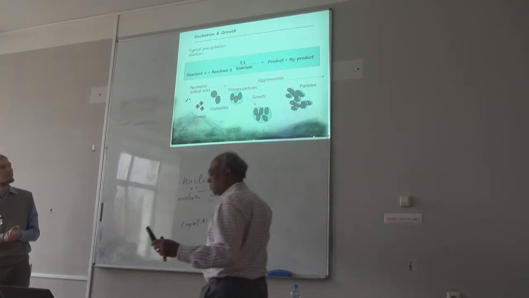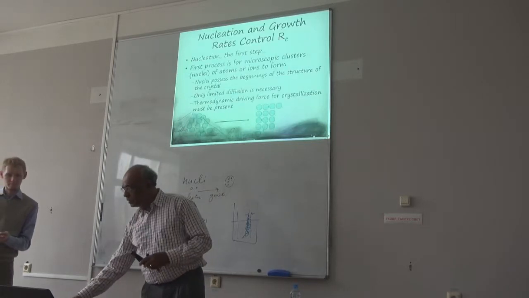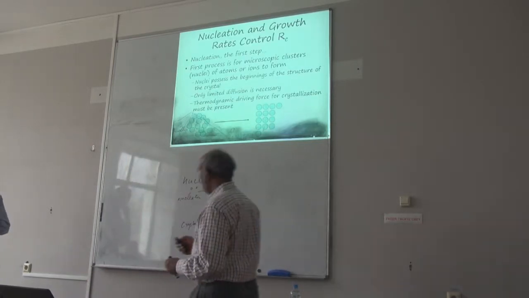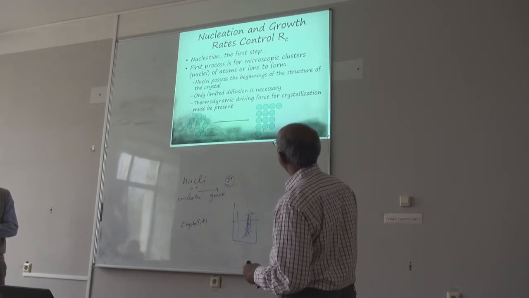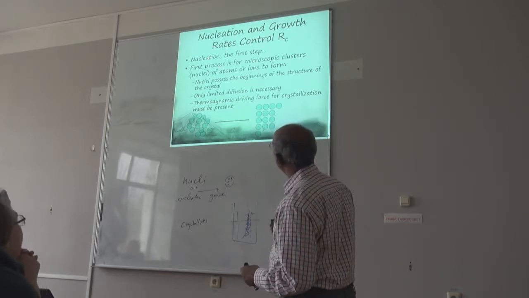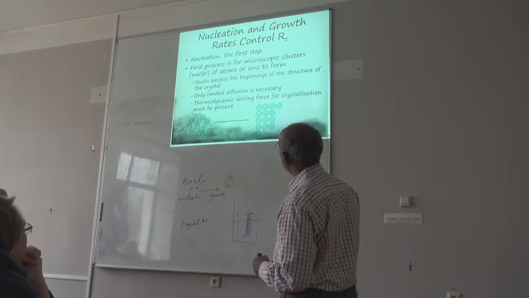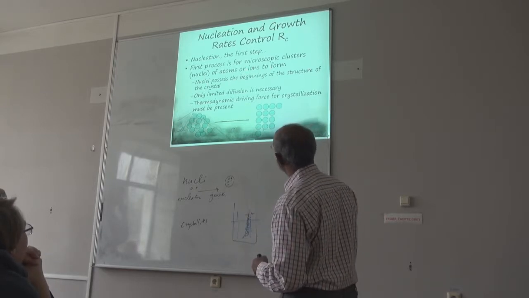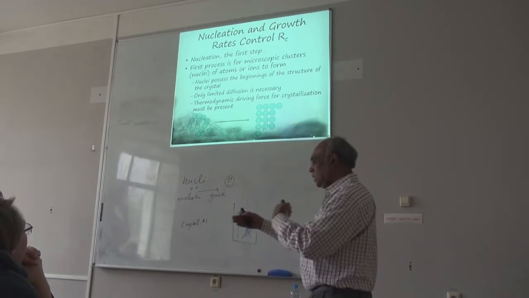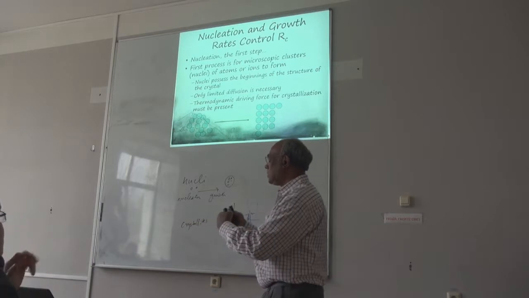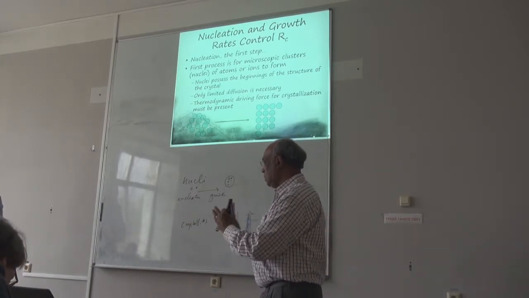So this is true for any growth we are going to talk about. When you have the first nucleation step, the first microscopic clusters or atoms form, then the nuclei begin to structure the crystal, and then you need some kind of diffusion, because they have to move.